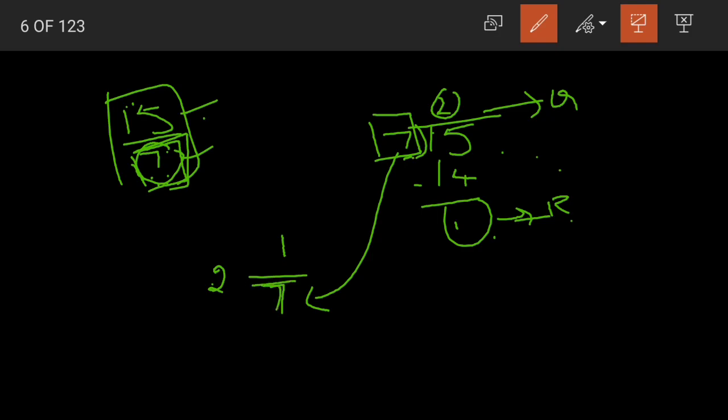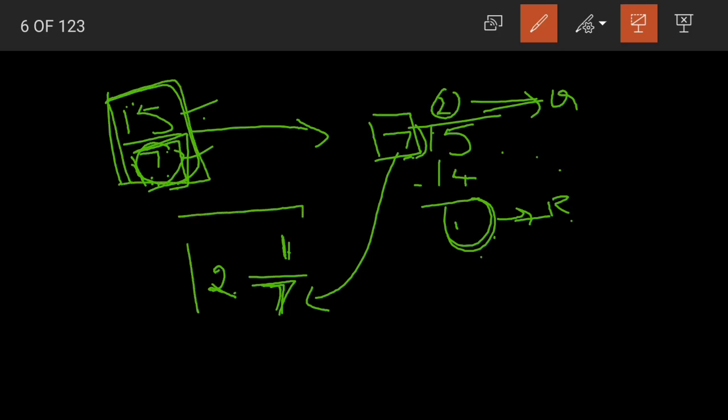It will be written as the denominator itself. The quotient will be the whole number part and the remainder will be our numerator. So only improper fractions like this can be converted into mixed fractions.